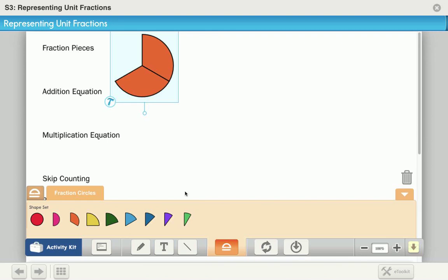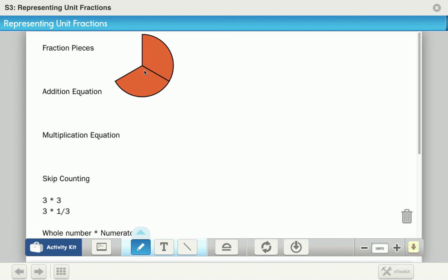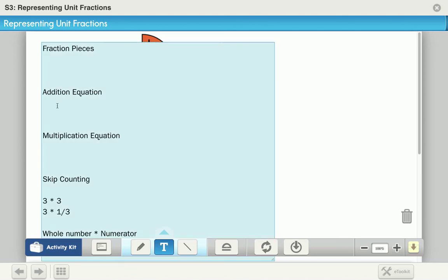Okay, so we have our 1/3 and 1/3. You could write it as an addition equation. So you could write 1/3 plus 1/3 equals 2/3.